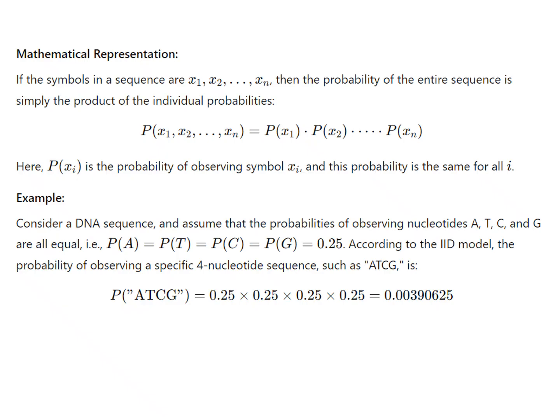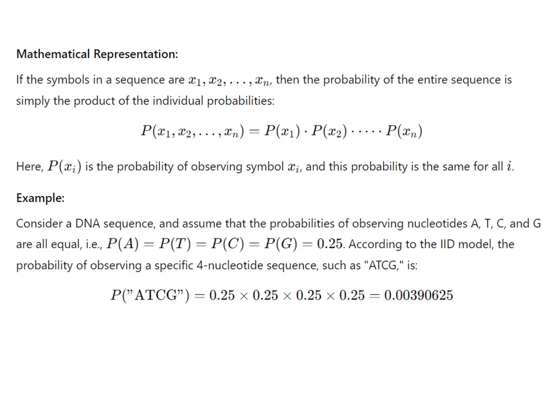Example: consider DNA sequences. Assume the probabilities of observing nucleotides A, T, C, G are all equal, which means there are 4 nucleotides: probability of A, probability of T, probability of C, probability of G. The probability of A is 1 by 4, probability of T equals 1 by 4, probability of C equals 1 by 4, probability of G equals 1 by 4.